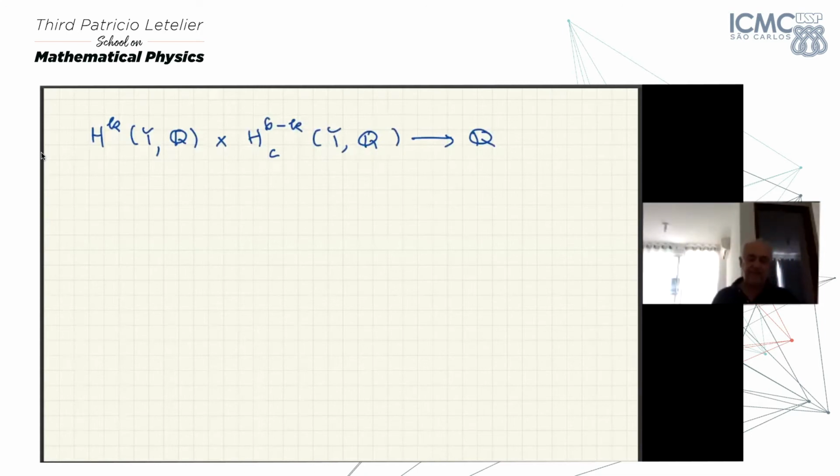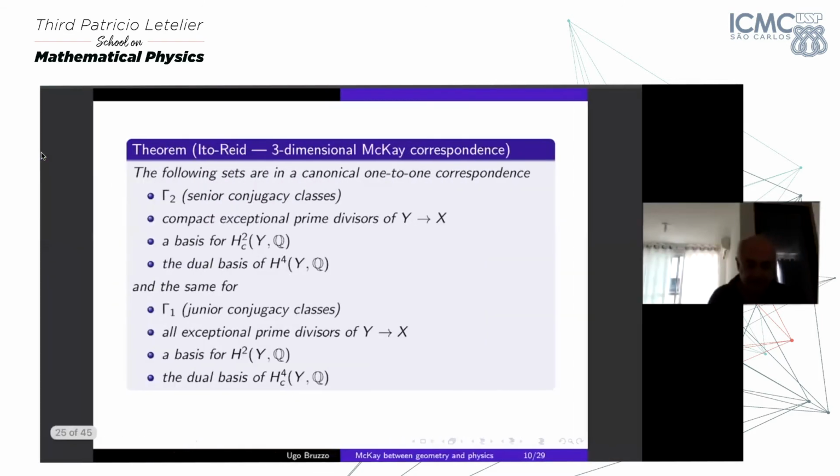So you get a well-defined Poincaré duality, right? So you can switch from cohomology to compactly supported cohomology and vice versa.